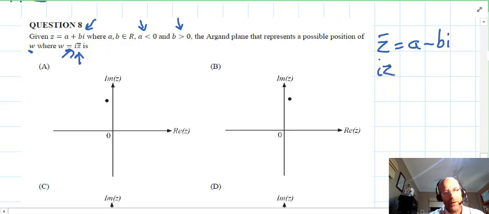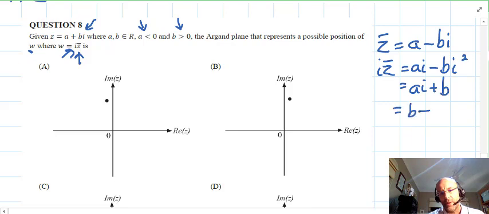We got I times Z conjugate, which is AI, or IA, times BI times I, which is I squared. Now we've got AI. Now I squared is -1, plus B, or we could write that as B plus AI, which is interesting. Now we're told that A is negative and B is positive.